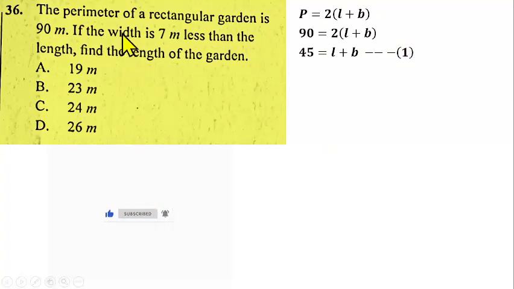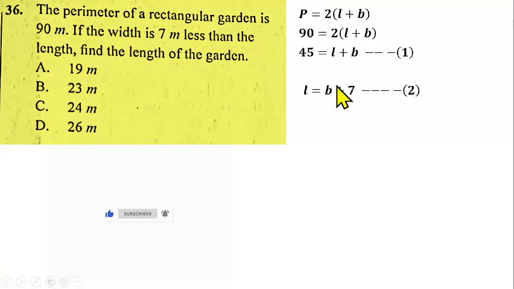You are told that there's a relation between the width and the length. The width is 7 meters less than the length. So that means the length will be 7 plus the breadth.